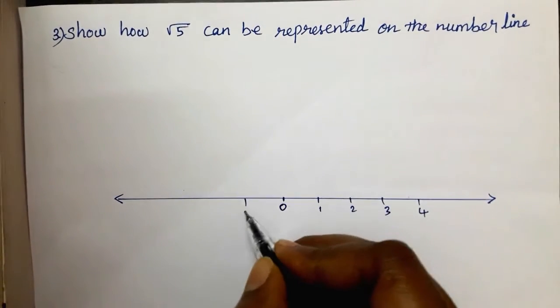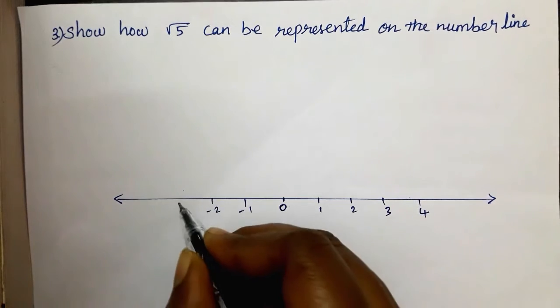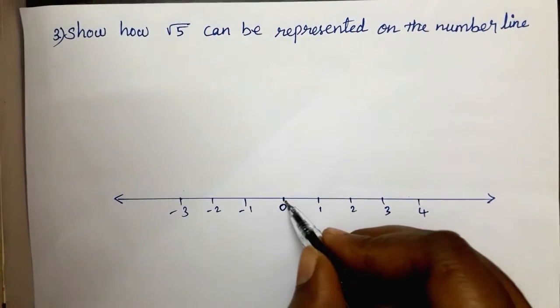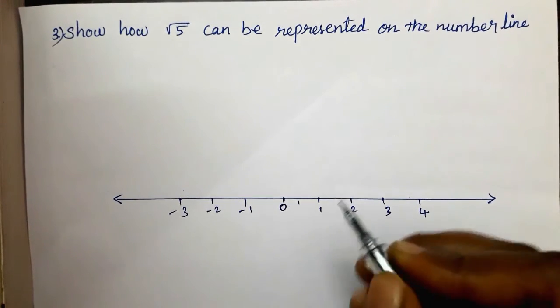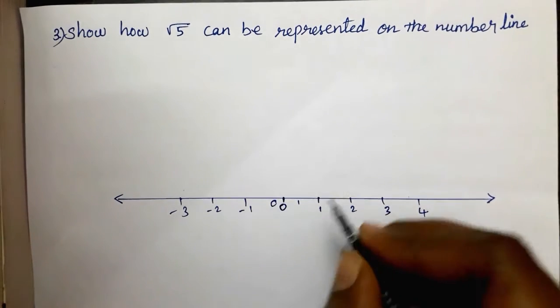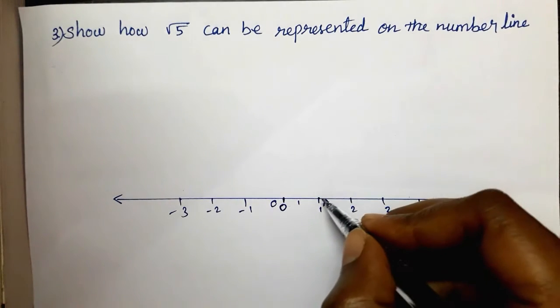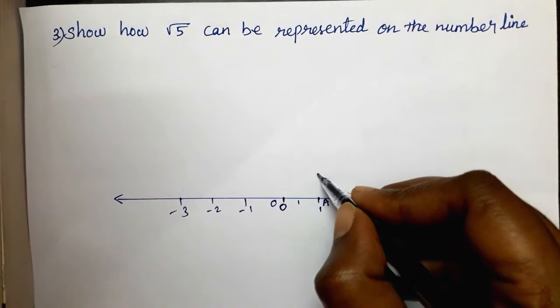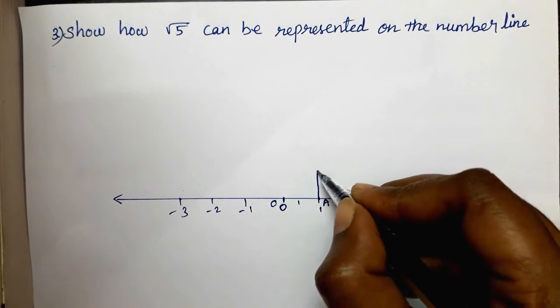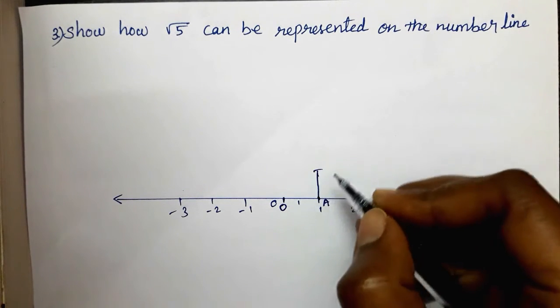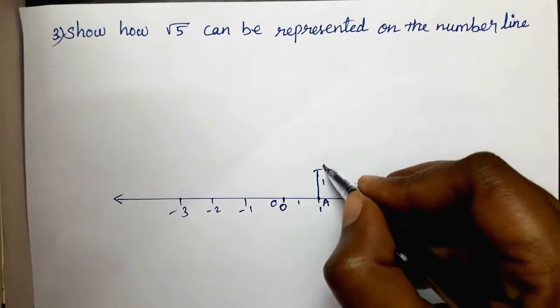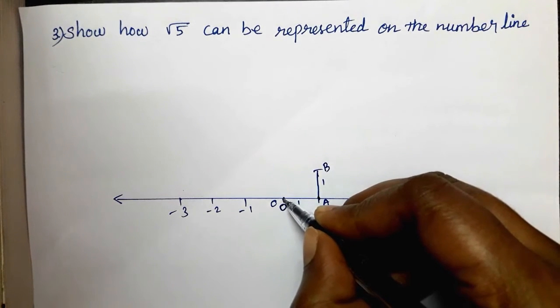Here the negative side, so minus 1, minus 2, minus 3. Now 0 to 1 is 1 unit, here named O and here named A. Now draw a perpendicular line. After that, cut 1 unit, and name this point B. Join OB.